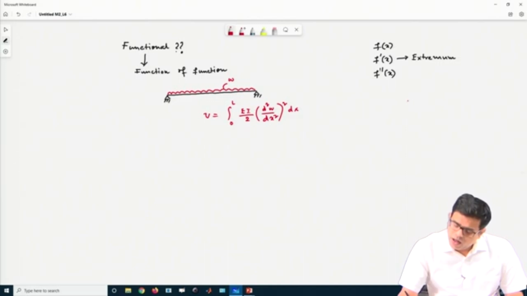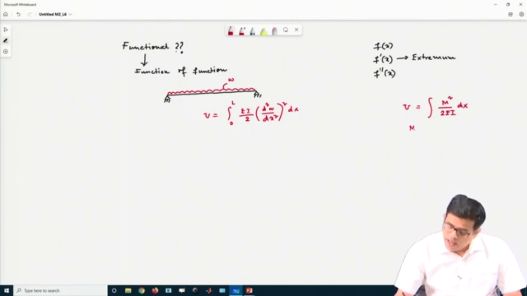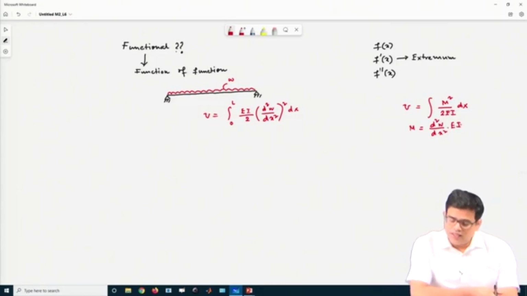If you remember the very simple formula, the strain energy is the integral of M squared by 2EI. Probably you have also learned this. I just substituted M as EI times d2w by dx2, so this is multiplied by EI, and then this is the strain energy.